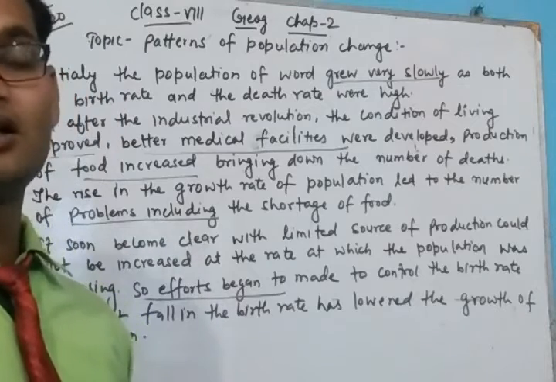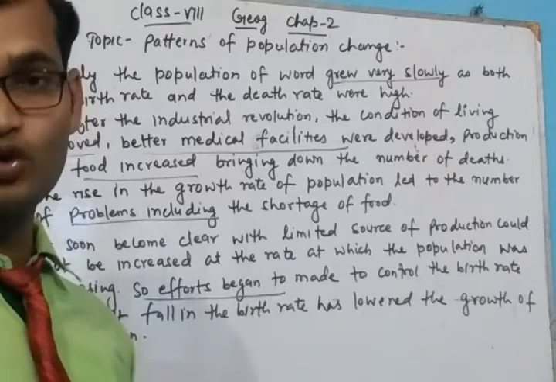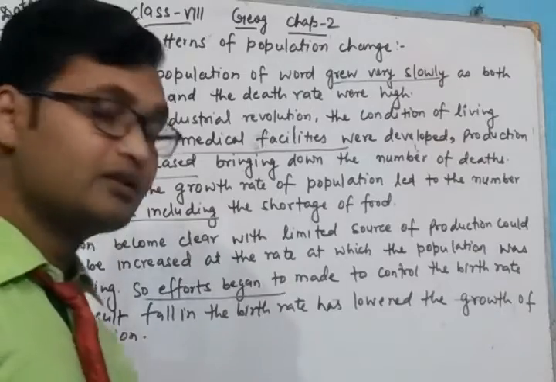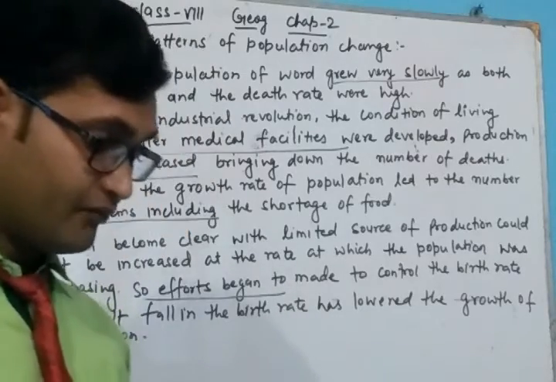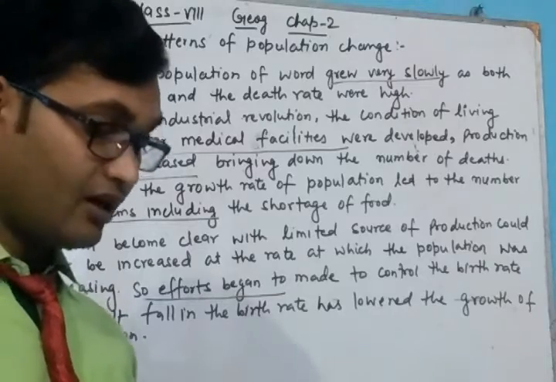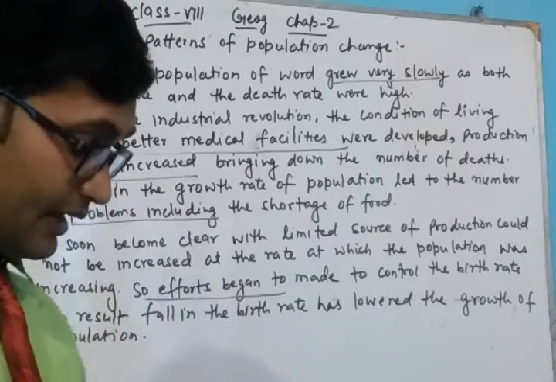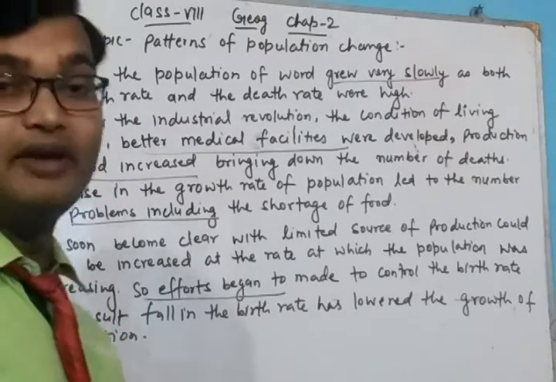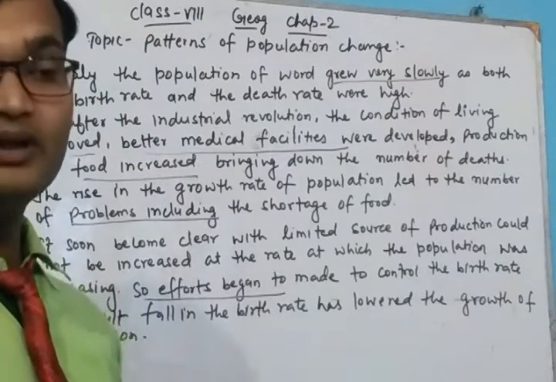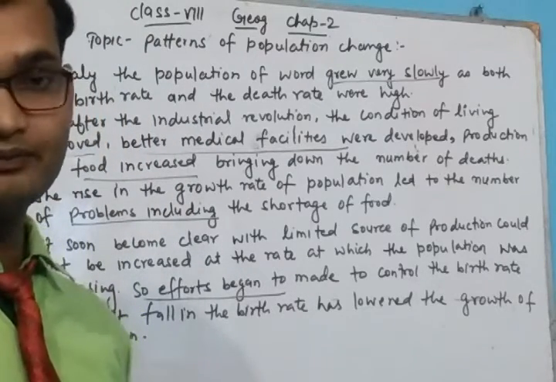So it is very essential for us to control the growth of the population. At present, Africa, Asia, South America, and Australia are experiencing a higher rate of growth, whereas Europe and North America have controlled the birth rate.